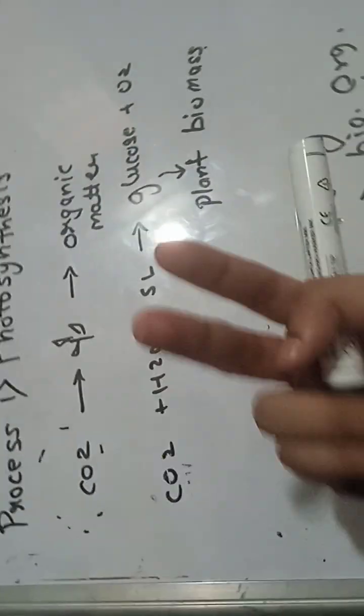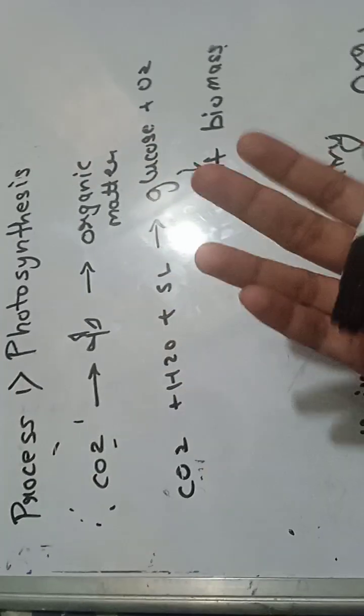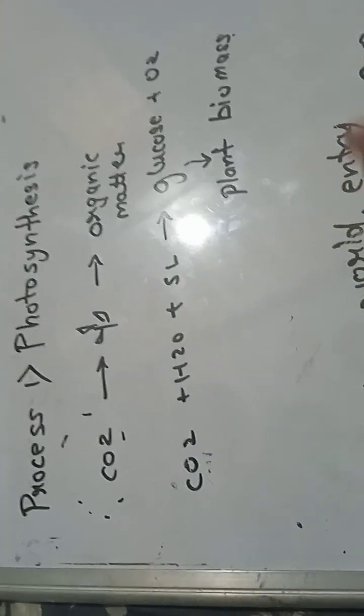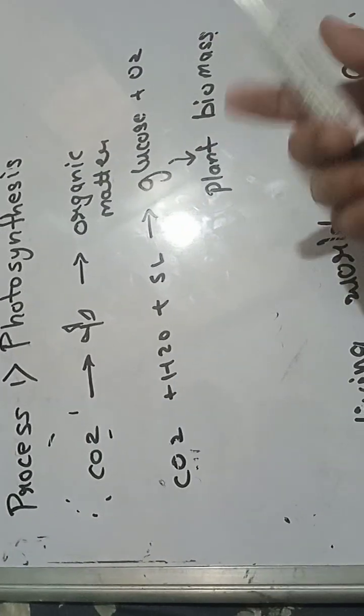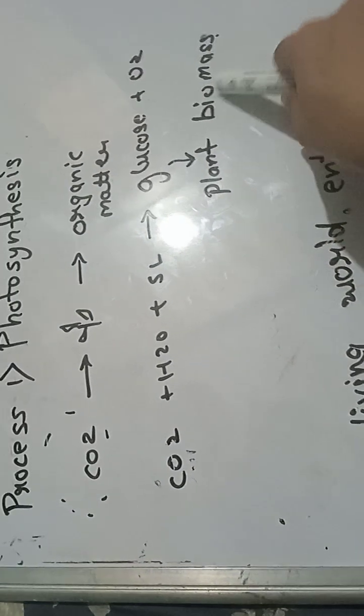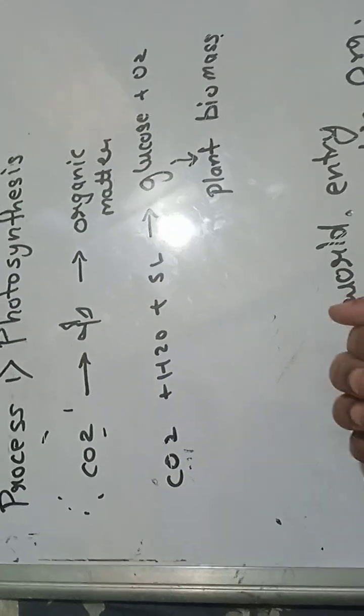Now comes the second step, and you can predict it; it is very intuitive. As the plant has carbon in its biomass, we will eat that plant. Our animals will eat that plant and it will come into the food chain, right?